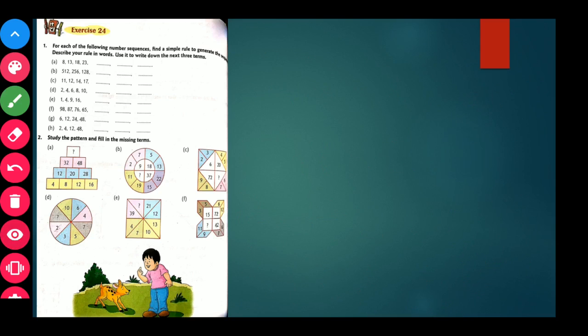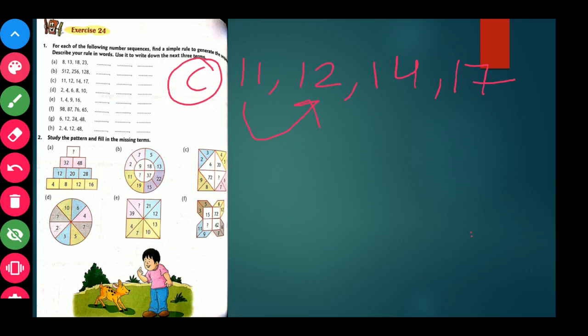Question number C. What do you do in 11 to get 12? We add plus 1. Then what do you do to 12 to get 14? We add 2. And what do you do in 14 to get 17? We add 3. So here we can see a sequence is given. In the numbers 1, 2 and 3 is added.